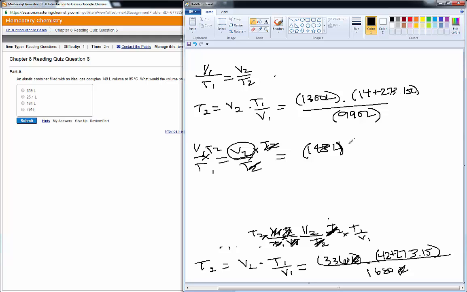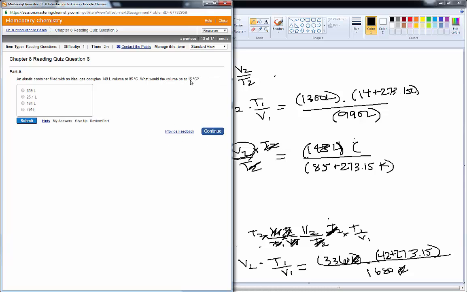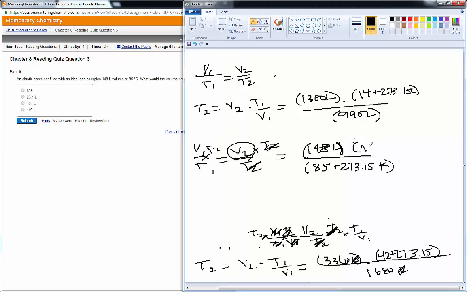Initial temperature goes on the bottom, 85 degrees Celsius plus, got to make that a Kelvin, and the final temperature, 15 degrees Celsius. So our Kelvins will cancel, we'll be left with liters, and those are the units they want.